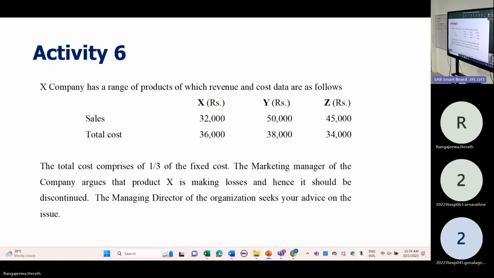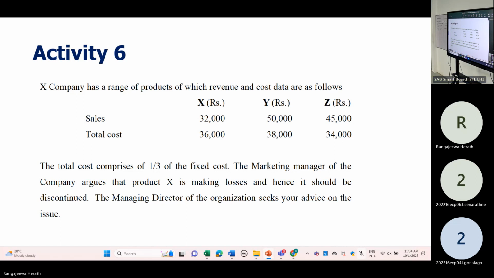X, Y, Z, sales, total cost. Total cost comprises 1/3 of fixed cost. The marketing manager of the company argues that product X is making losses. Hence, it should be discontinued. The managing director of the organization seeks your advice for the issue.